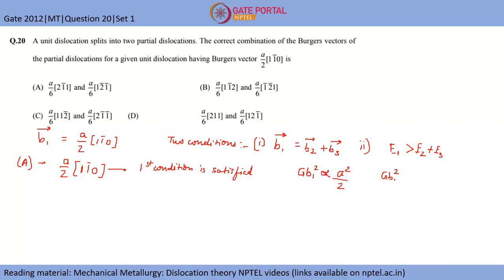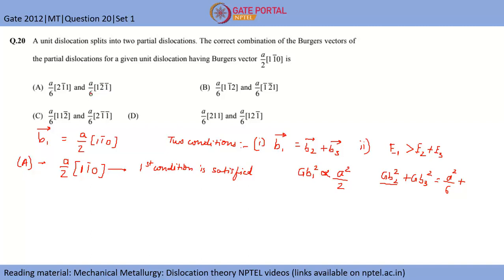So Gb2 square plus Gb3 square. Now we have to find this. So here if you look, 2 square is 4, 1 square is 1, and 1 square is 1. So it is 6 by 36. So basically it is a square by 6, plus for Gb3, 1 square is 1, 2 square is 4, and 1 square is again 1.